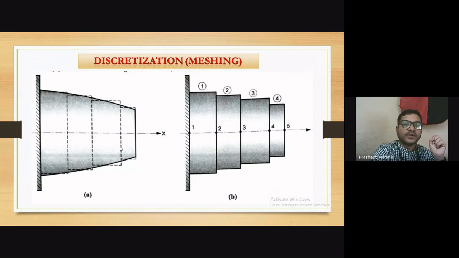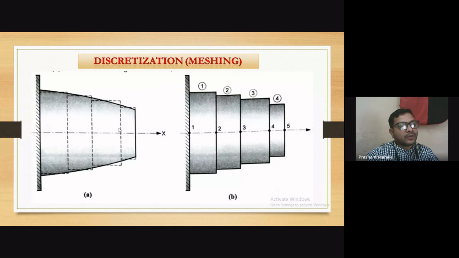It is time consuming, so computational time will be more. Converting the physical body into smaller parts is called discretization, and the other name used for that is meshing. So this unit is all about meshing techniques.